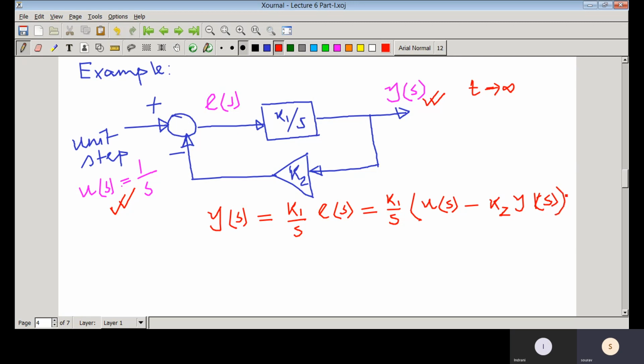Here U(s) is 1 by s, so in place of U(s) I'll write 1 by s.